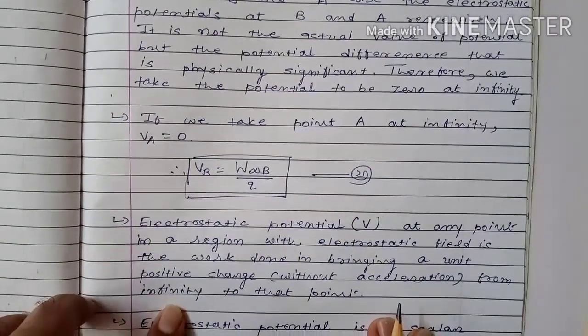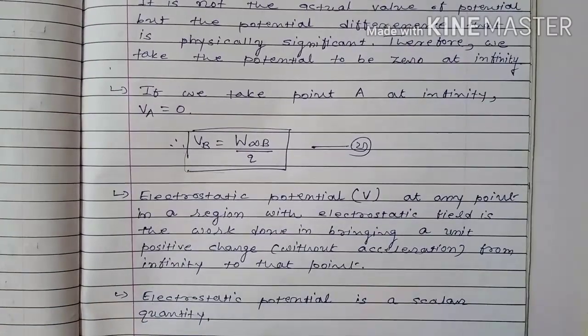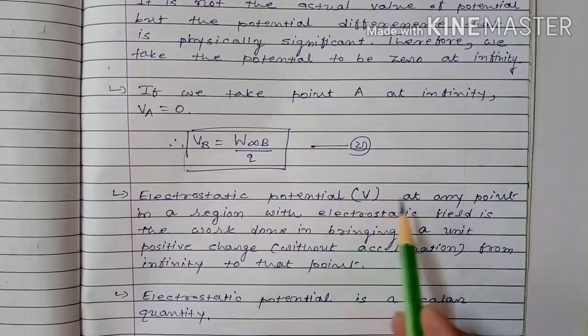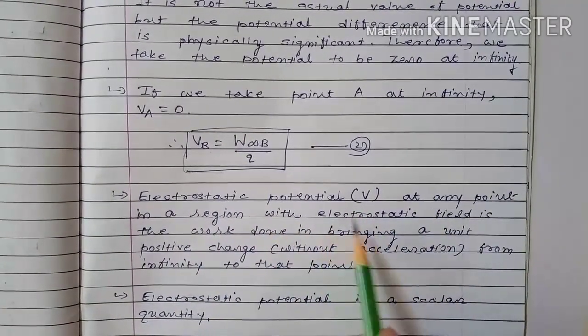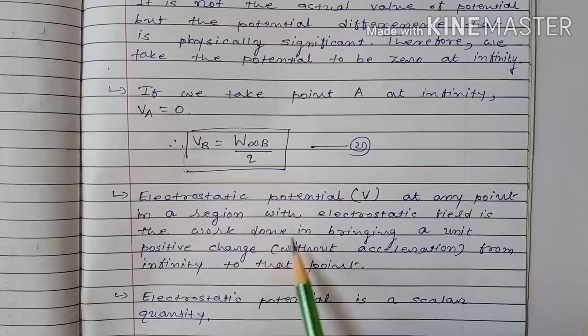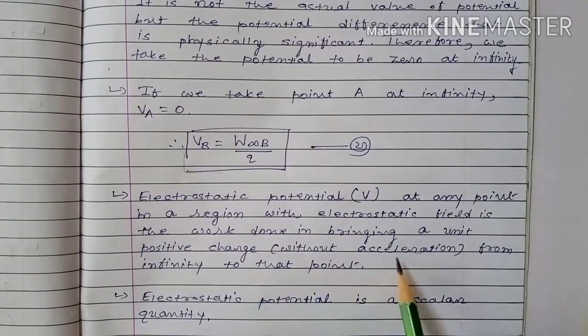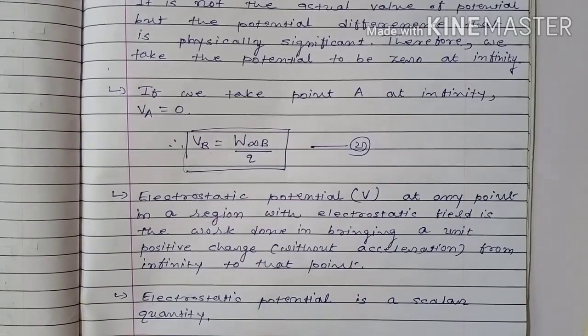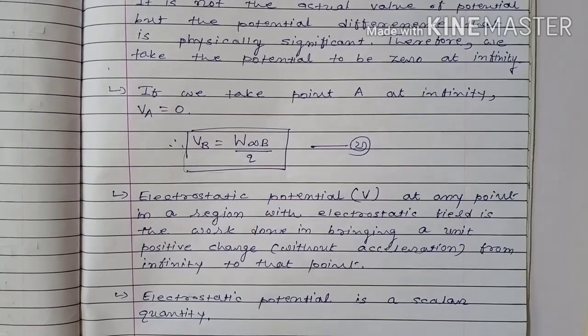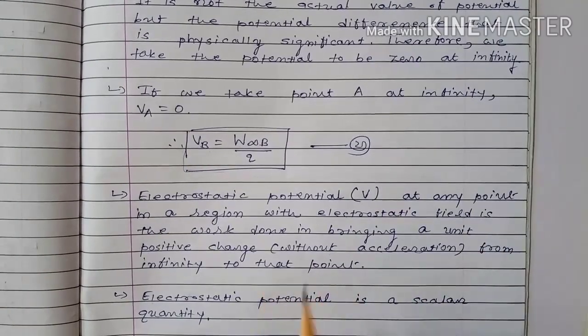So how can we define electrostatic potential at a particular point? Electrostatic potential at any point in a region with electrostatic field is the work done in bringing a unit positive test charge without acceleration, meaning net force should be 0, from infinity to that point.